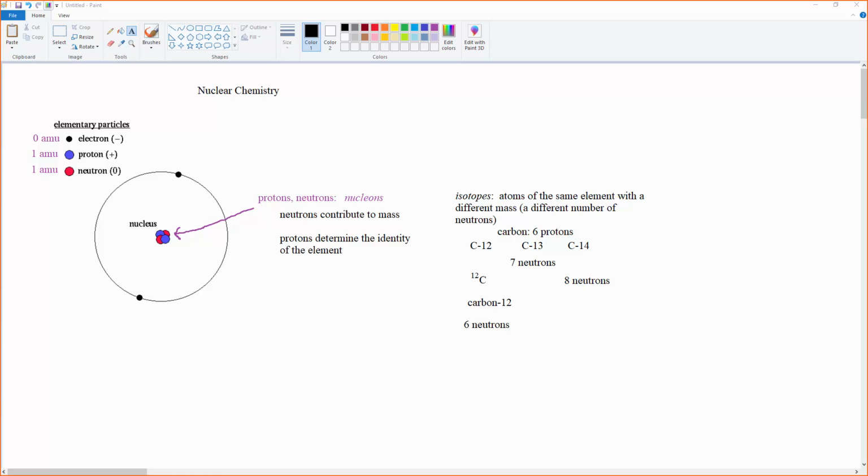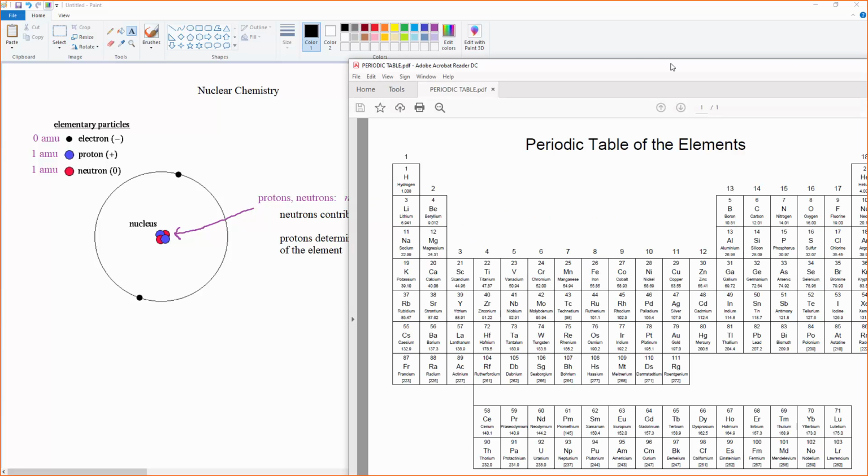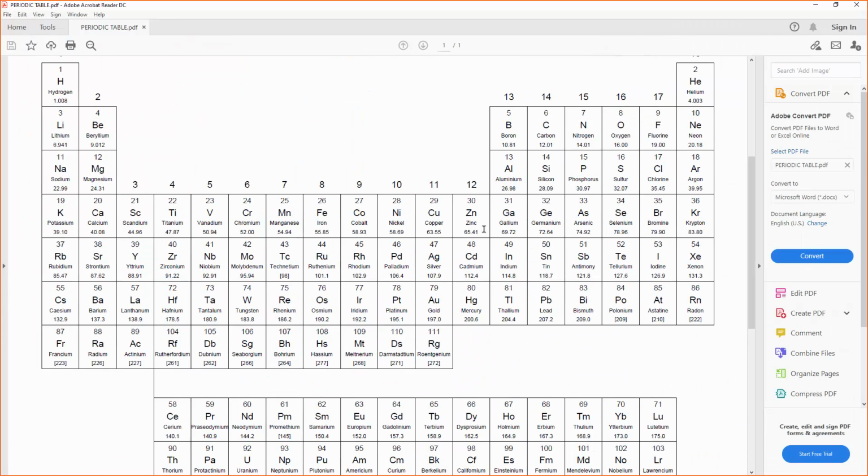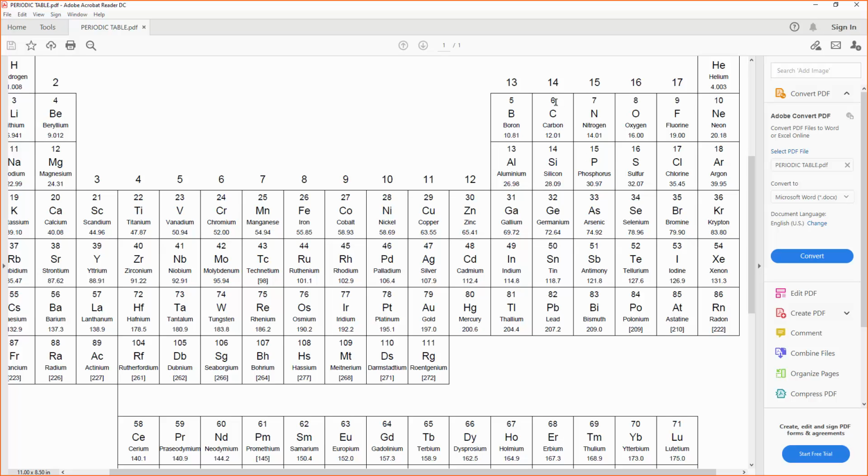In fact, let me pull that up right here, just so we can have a reference. Hopefully you can kind of see these masses. I'm going to zoom in. You can see, okay, carbon, which is element 6, has 6 protons. The average mass weighted for abundance of carbon that we find is 12.